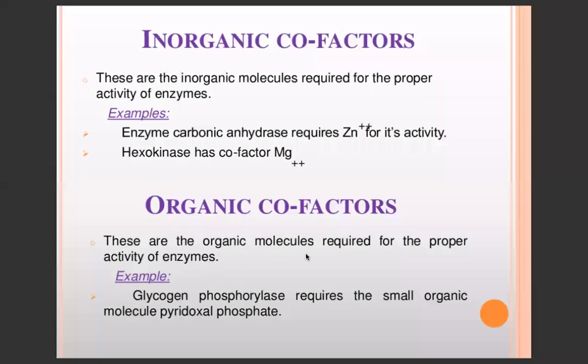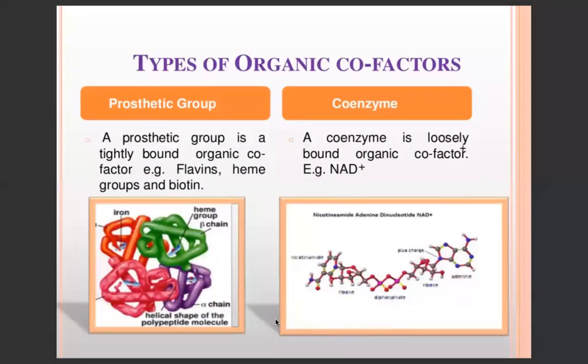Organic cofactors are the organic molecules required for the proper activity of the enzymes. For example, glycogen phosphorylase requires the small organic molecule pyridoxal phosphate. The types of organic cofactor are the prosthetic group and the coenzyme. A prosthetic group is a tightly bound organic cofactor, e.g. flavins, heme groups and biotin.